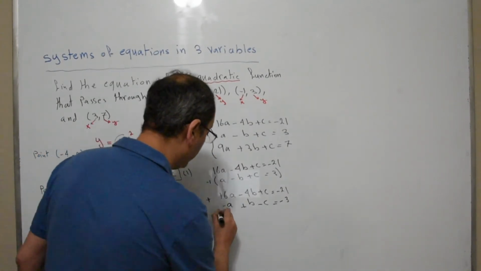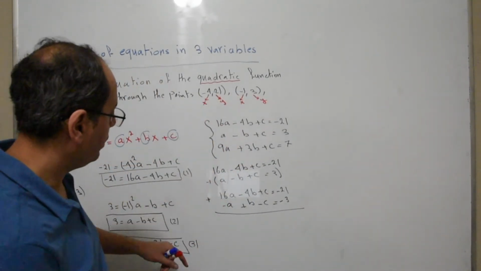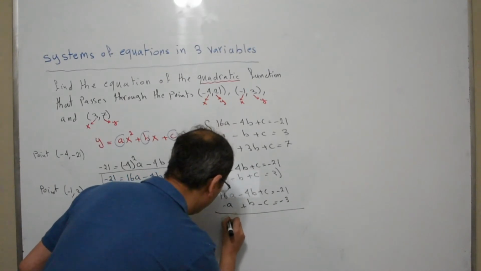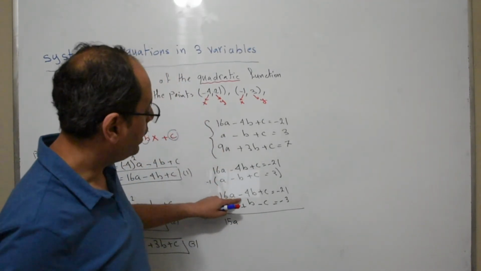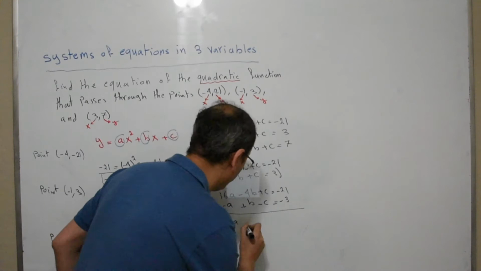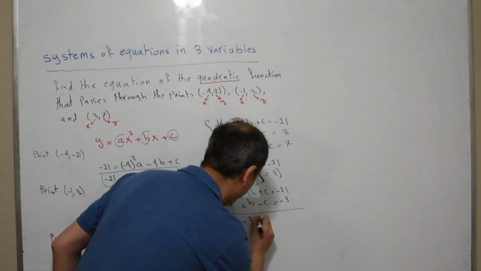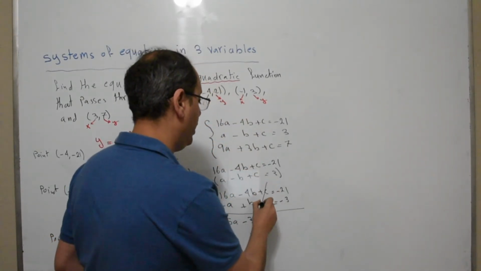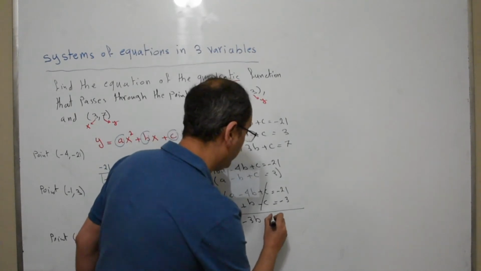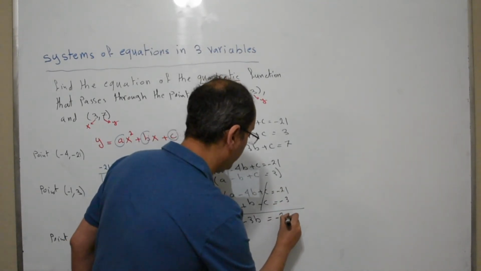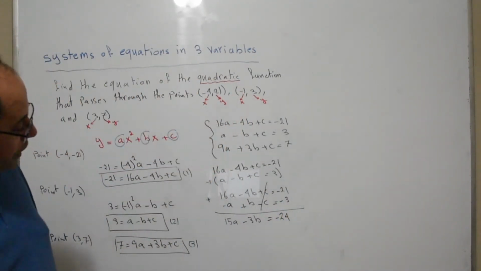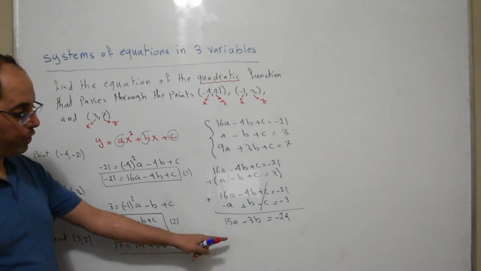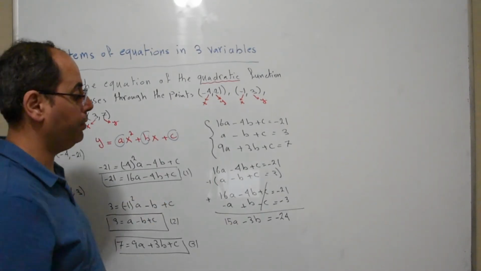Add. What would I get here? 15a, -4 plus 1, so that would be -3b, and c is cancelled out. And how much is that? -24. Is there any way to simplify this equation? I got an equation in a and b.